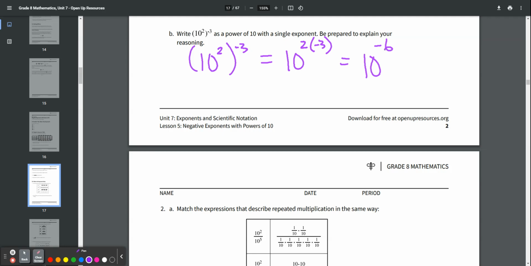The reason we can call it this is that the power of a power rule ends up using the product of the exponents to simplify the expression.